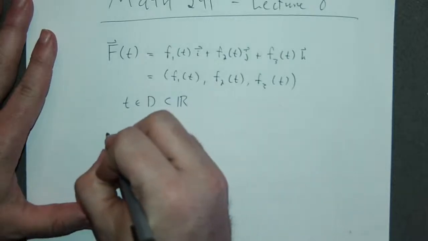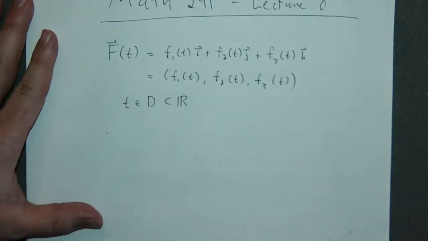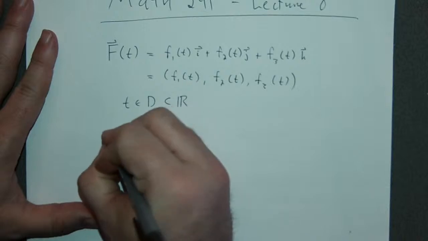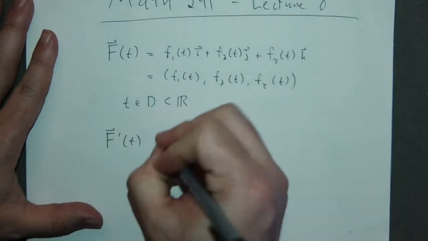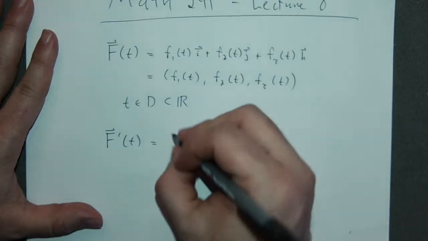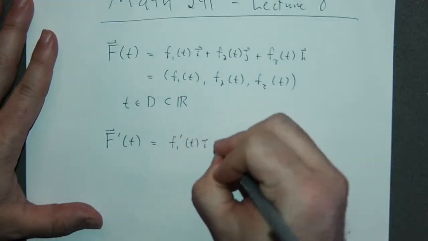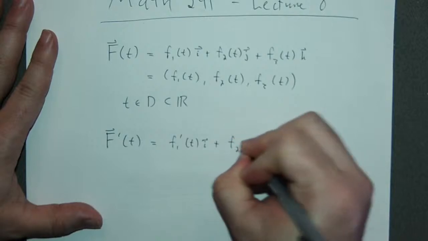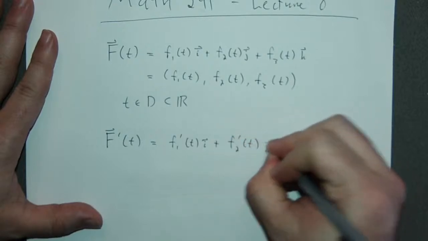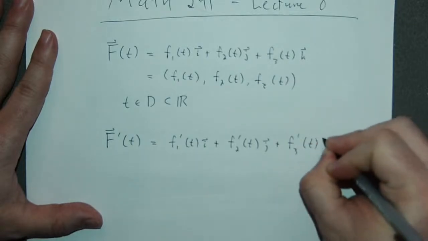Assuming that the derivative of each of the component functions existed, then we could write out this vector valued function that we called the derivative of big F, or F prime of t, which was exactly what you think it should be. It is just the vector valued function that contains the derivatives of each of these component functions of big F.